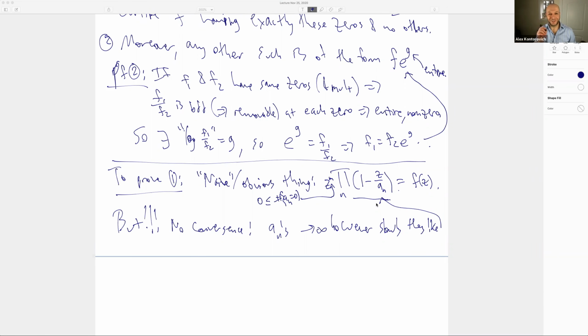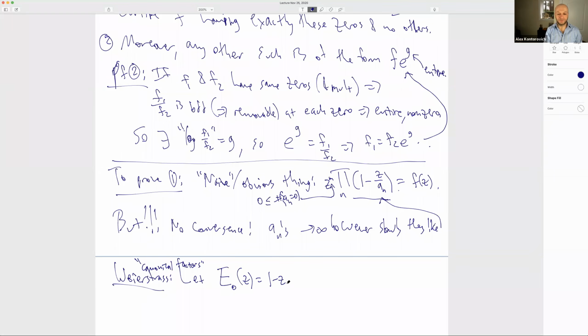Here's what Weierstrass does. This is very clever. Weierstrass fixes it in the following way. These are called the Weierstrass canonical factors. If you see this language now, you know what that means. I'm going to set E_0 of z to be 1 minus z.